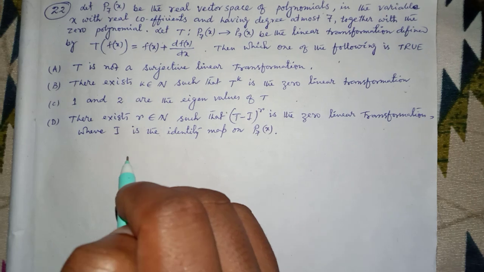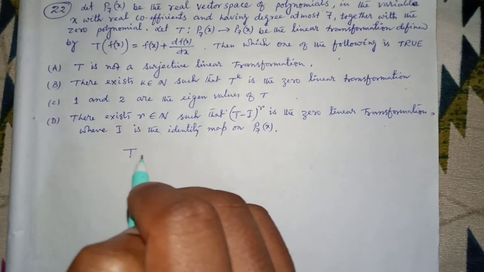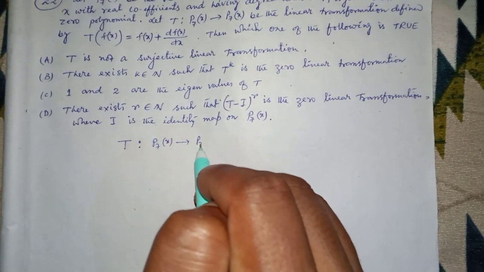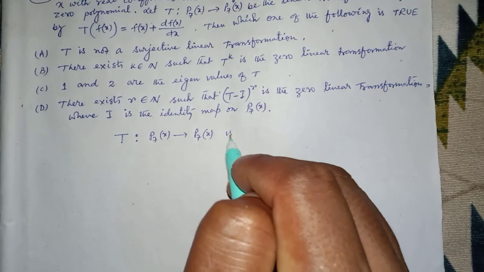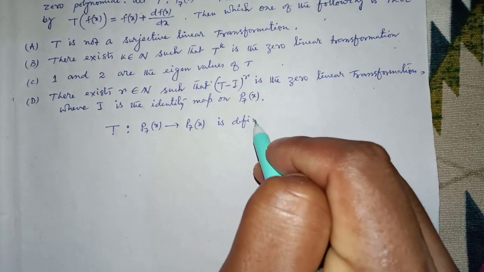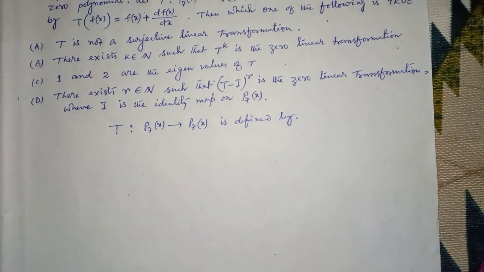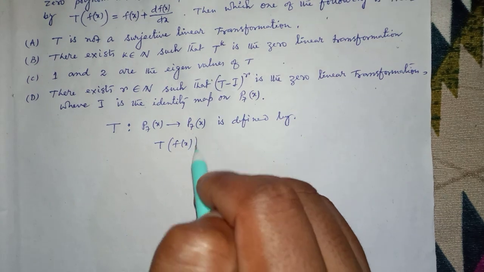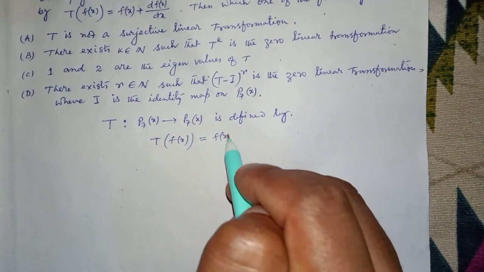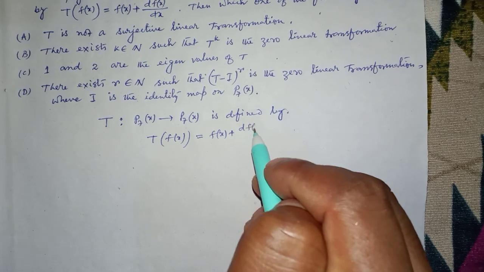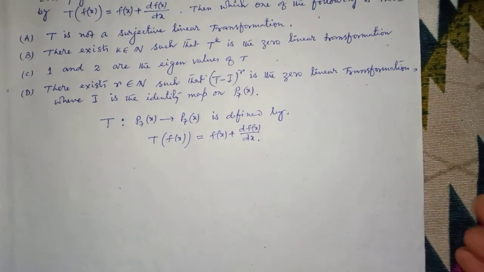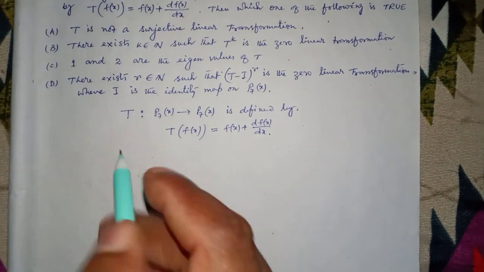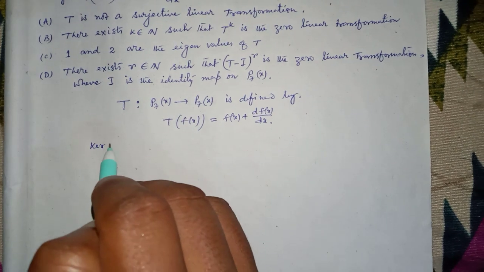Here the given linear transformation T from P7(x) to P7(x) is defined by T(f(x)) = f(x) + df(x)/dx. Now we find the kernel of the linear transformation.